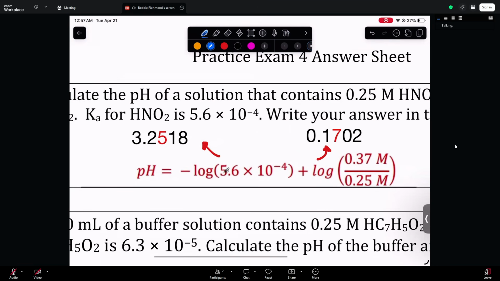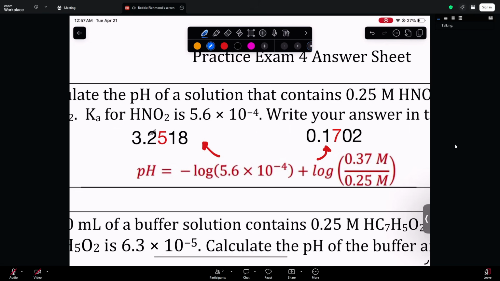Basically, whatever is within the logarithm, this will be 2 sig figs. So the logarithm will be 2 places after the decimal point. So if you had 3 sig figs here, you'll go 3 decimal points after.